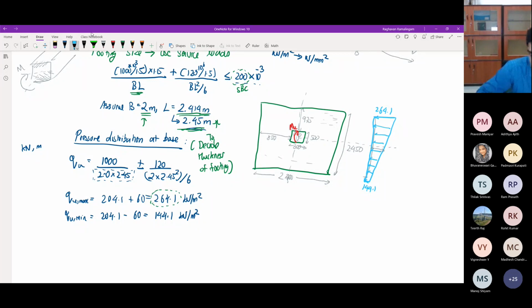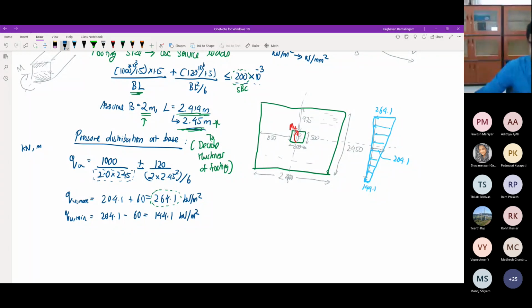This is easily calculated. It's a trapezium. You can just take the difference and find out. This is 264, this is 144, so a 60 difference is there. You can see that this will be 204.1, the pressure at that particular location.